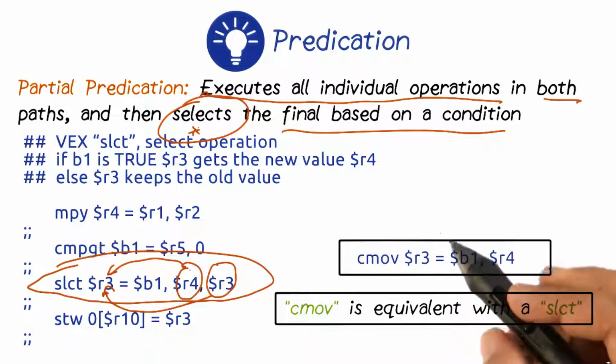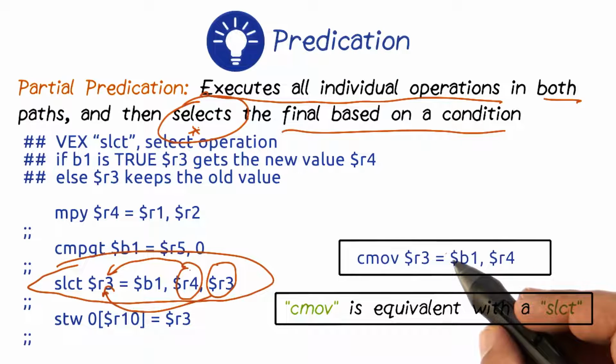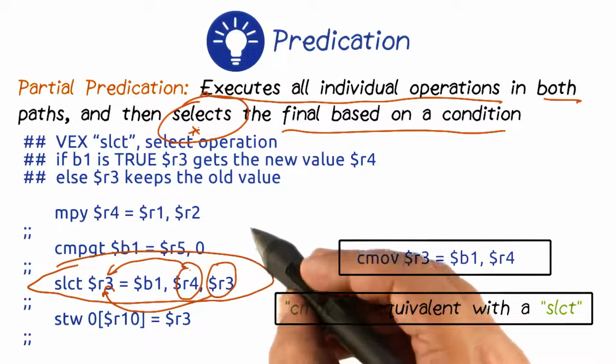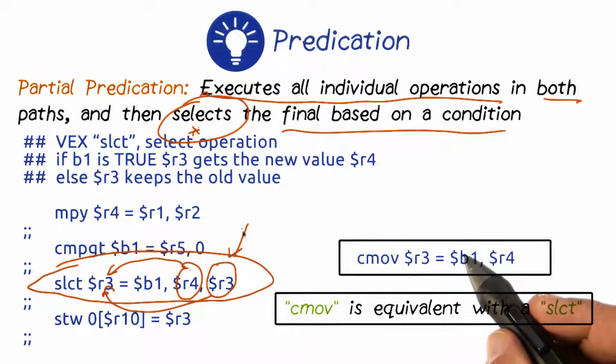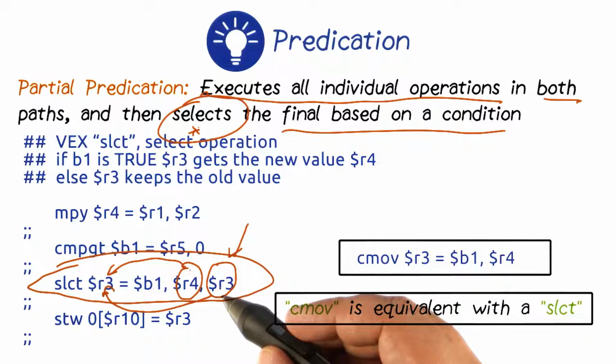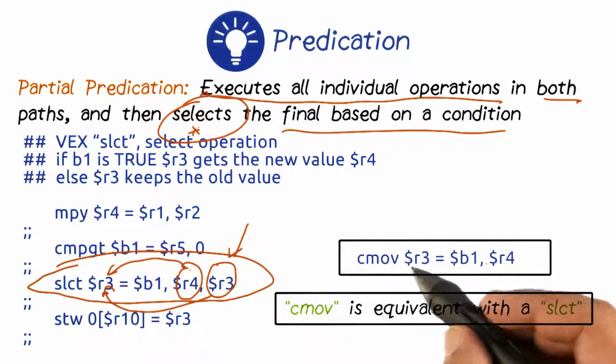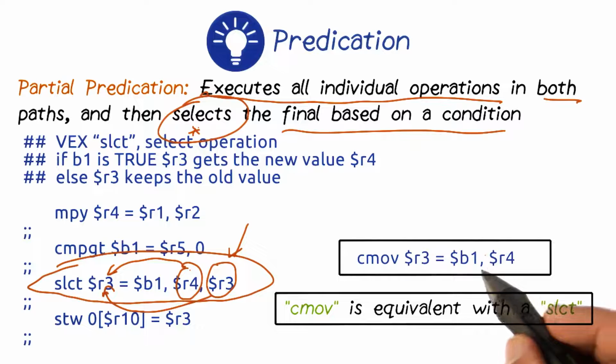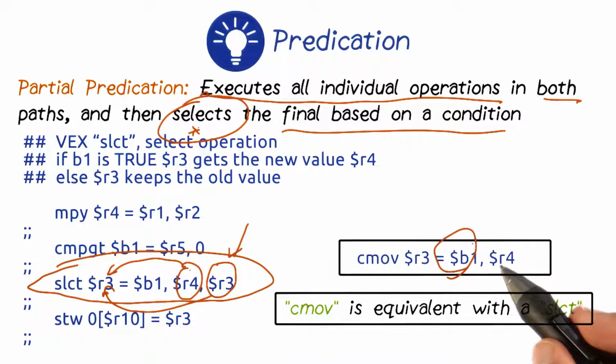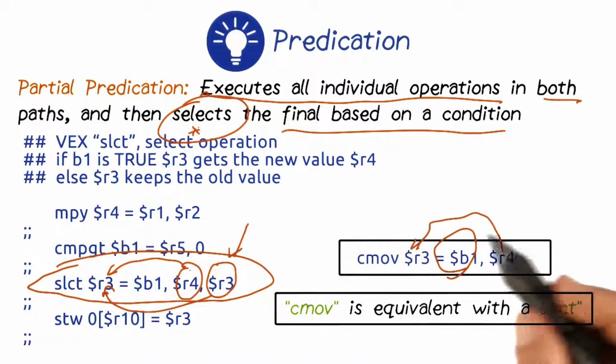You might ask me, based on your knowledge of VEX, why are we using SLCT as the instruction here? This was the most general solution that we have. In this particular case, there is no point reassigning R3 to itself, and so we could alternatively use a CMOV or a conditional move which uses the result of B1, the condition of that branch, and in case the result is true, we are going to move R4 into R3.